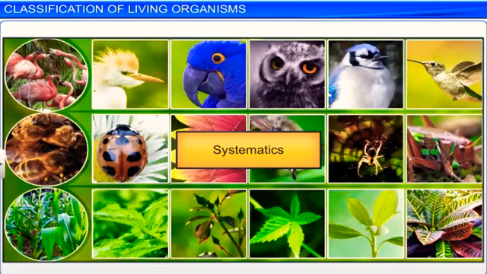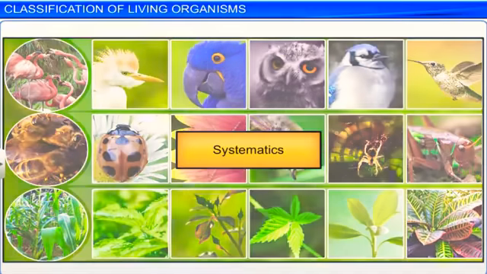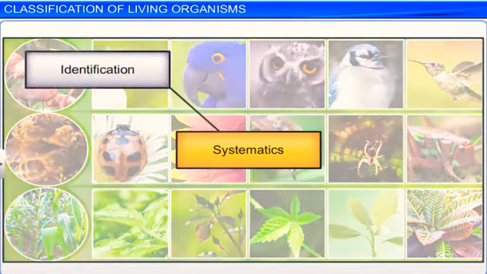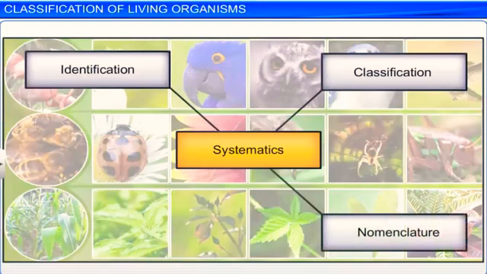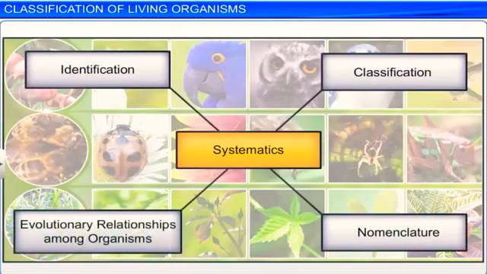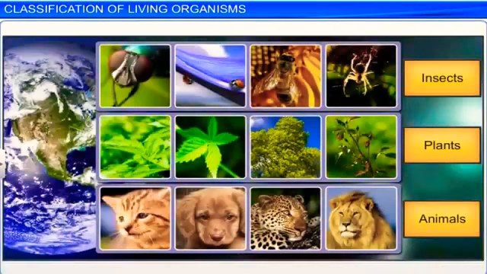However, today, systematics also includes the identification, classification, nomenclature, as well as evolutionary relationships among organisms. Therefore, in this diverse world, it is important to classify and name living organisms for their easy identification and study.